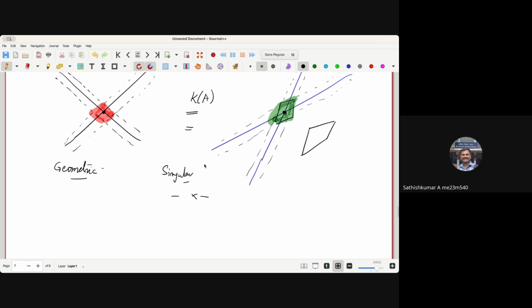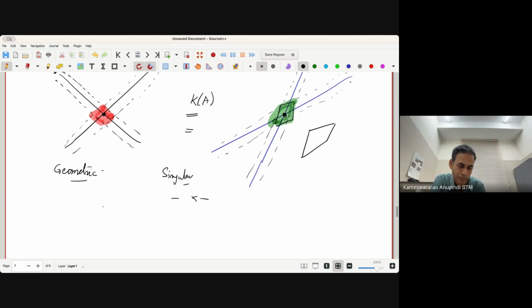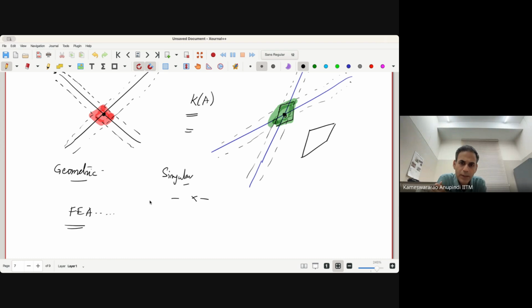This condition number and the matrix norm, in terms of the background calculation of a solver, if you're doing, say, an FEA, how does this error computation reflect that in terms of how the solver is running and processing it? So it may so happen that the solution we get may not be accurate.